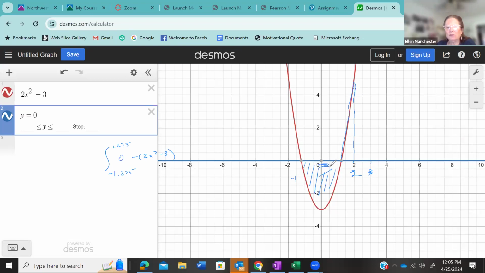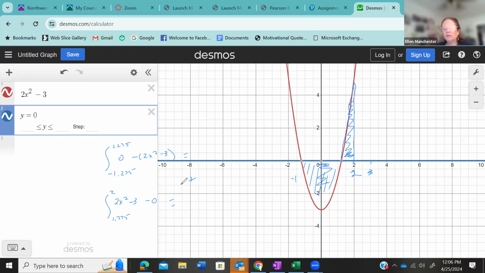That's for this part, because the 0 is above and this curve is below. And then from 1.225 to 2, it's the curve minus 0. So on some of them, you have to break it up, and then you have to see which one is on top and which one is on bottom. Then when you add these two, you will get the area between the curves.